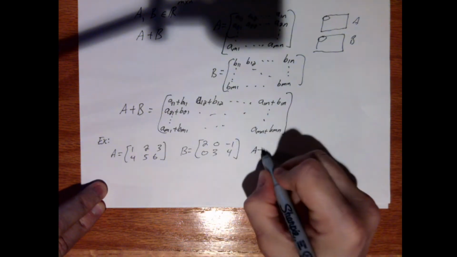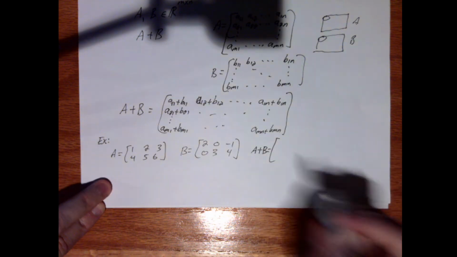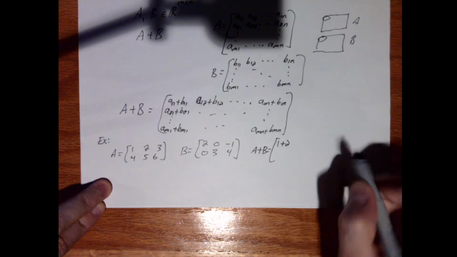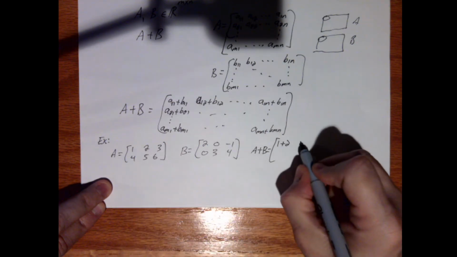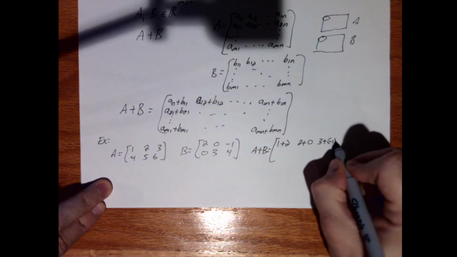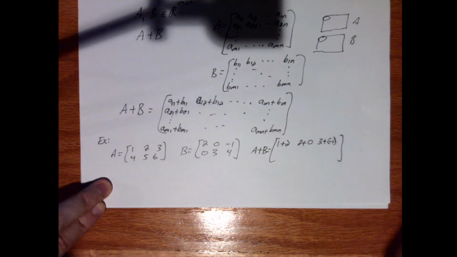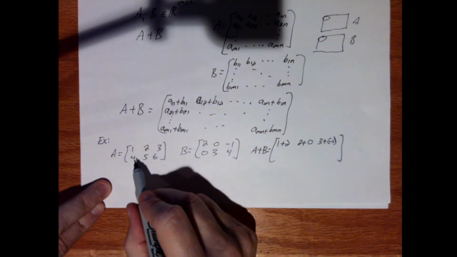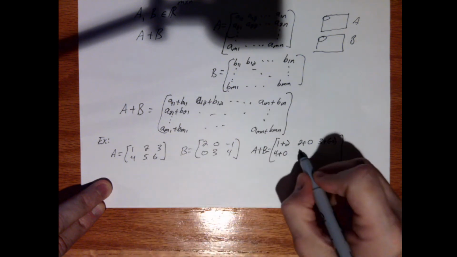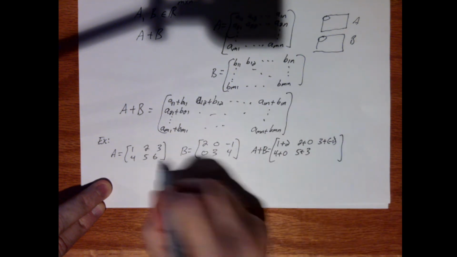So then A plus B will have what number here? 1 plus 2. To the right of that, 2 plus 0. To the right of that, 3 plus minus 1. And then below that, 4 plus 0, 5 plus 3, 6 plus 4.